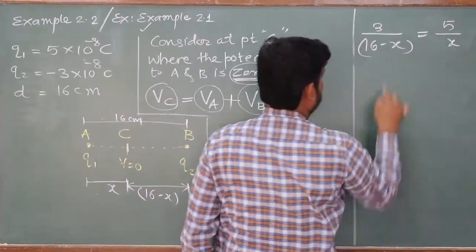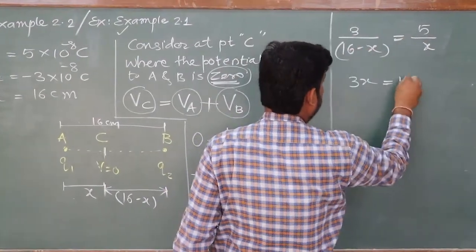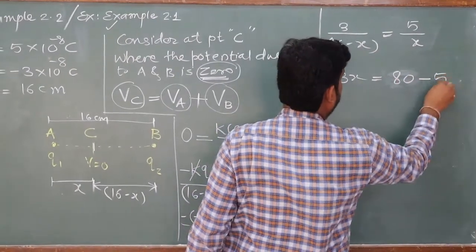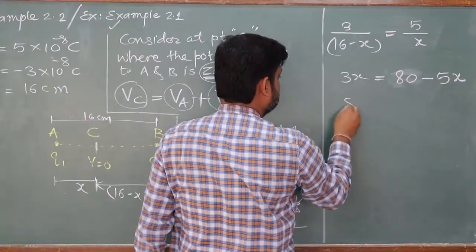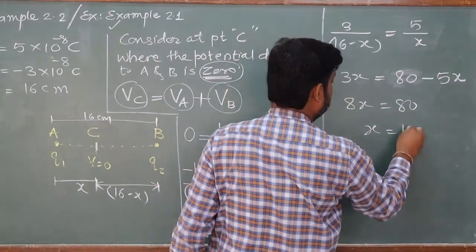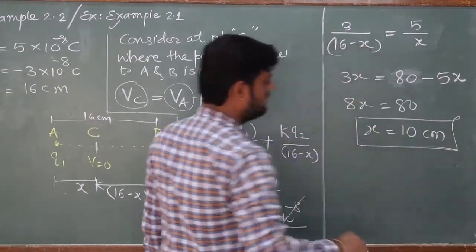So it becomes 3x equal to 80 minus 5x. Now it becomes 8x equal to 80, x equal to 10 centimeter, or we can write 0.1 meter.